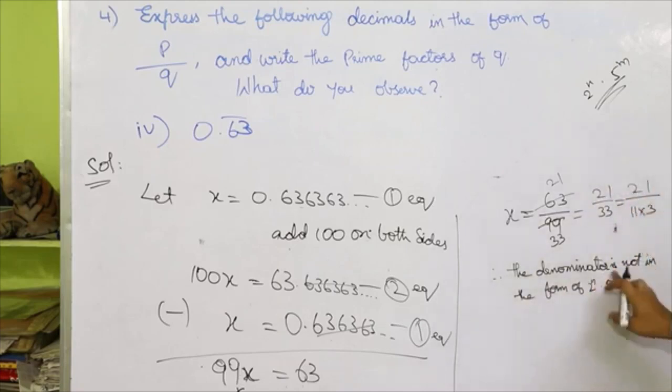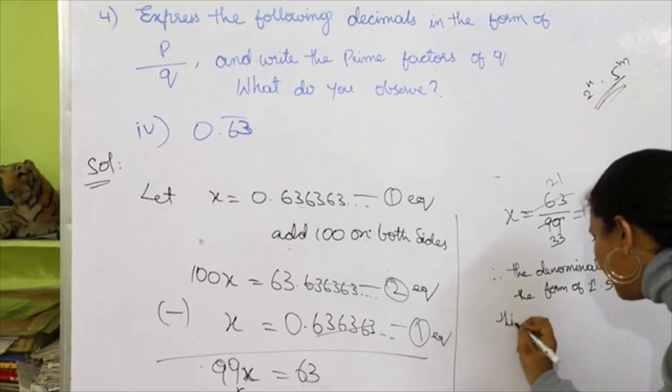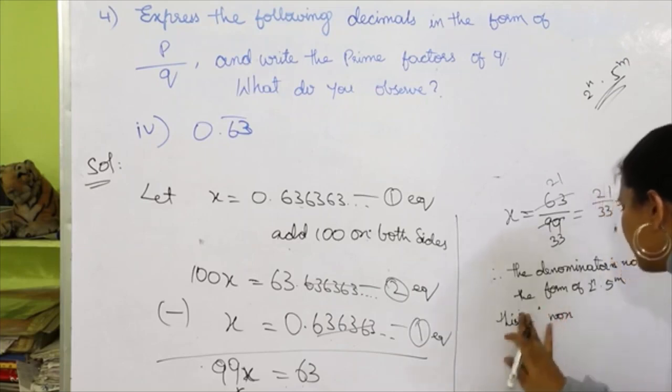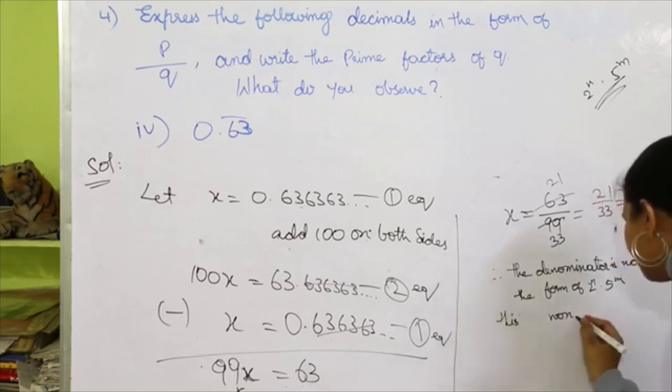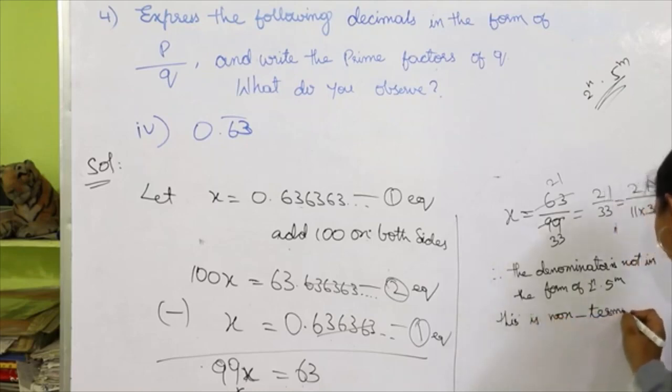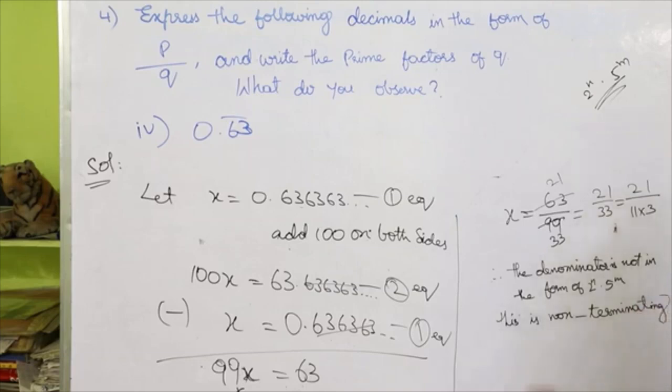If the denominator is not in this form, it will definitely become a non-terminating decimal. If the denominator is in the form of 2 power n into 5 power m, then this would become a terminating decimal, guys.